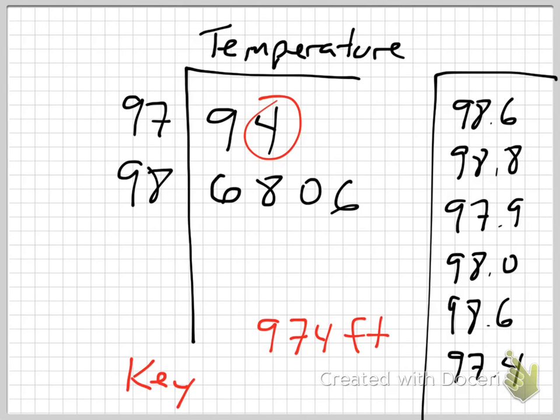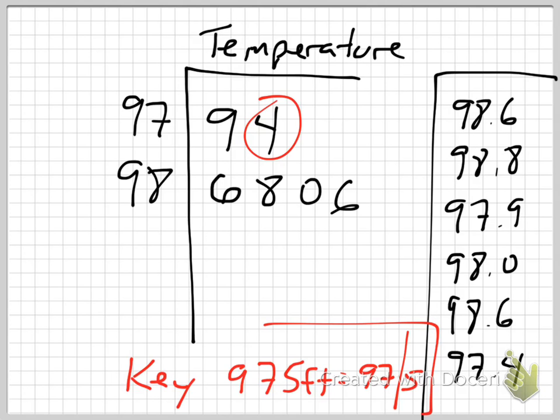If that was true, I would have to say so in my key. The key would be 975 feet equals 97 line 5. That tells you what we're talking about here. It doesn't mean 97.5; it's all of a sudden 975.